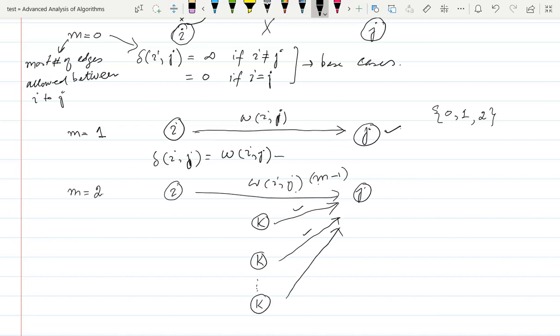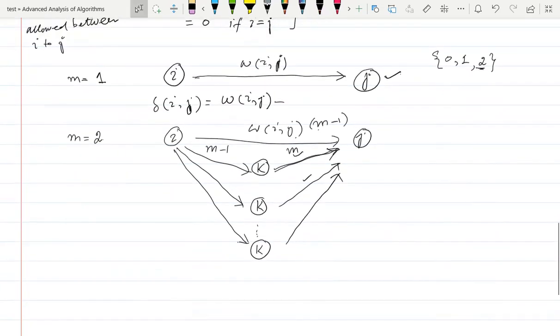Now I am only allowed to use one edge which is left for this path from I to k, right? So if this is using your mth edge, then altogether it will be m, whatever is the current value of the m.